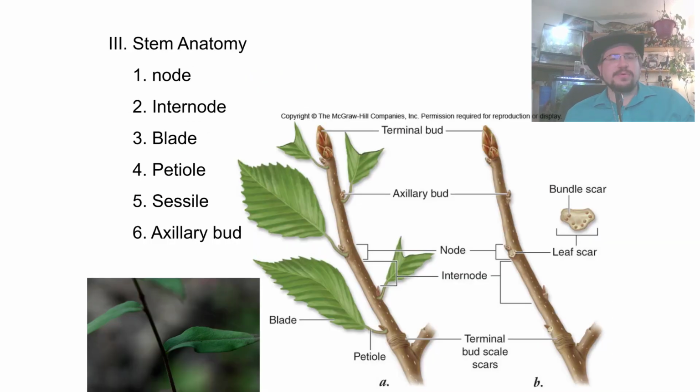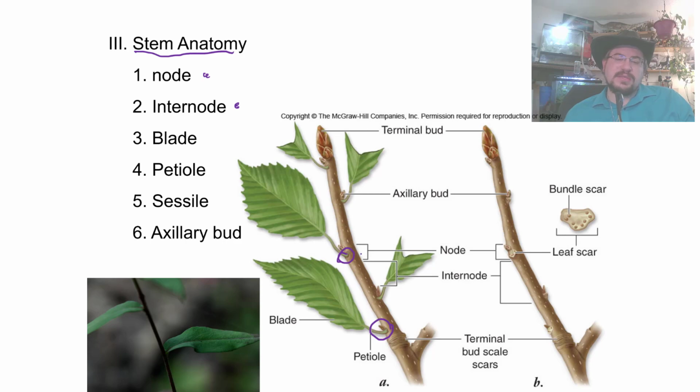Okay, we talked about the roots and the various tissues. Now let's talk about the actual anatomy of a stem. Right, when pointing out the anatomy of a stem, there's some basic anatomical features to know. One, you are comparing your anatomical features to each other. So you look for places where leaves come out.